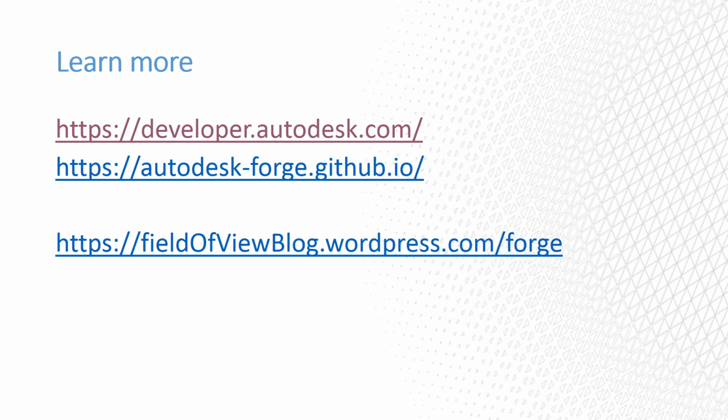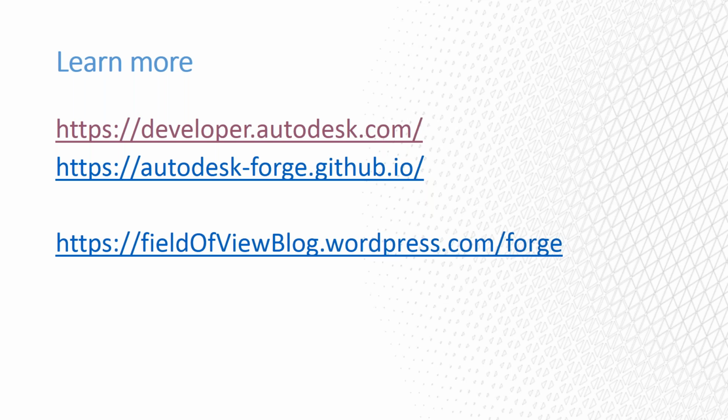And to learn more, we have developer.autodesk.com. That's the starting point, which even has a link to the next one, autodesk-forge.github.io. From there, you will see plenty of code samples. I do have my own personal ones, but I have to fill in more.